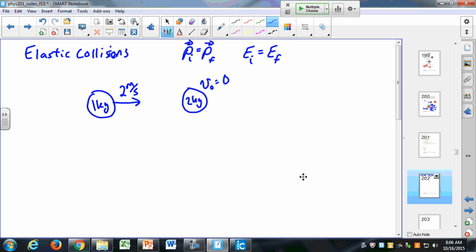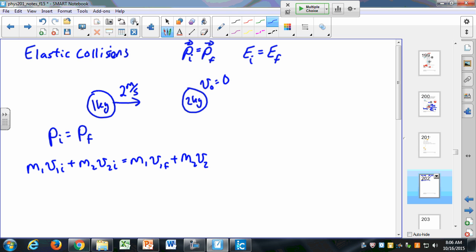All right, so I'm going to have two sets of equations. I can say that the initial momentum is equal to the final momentum, that is, m1 v1 initial plus m2 v2 initial is equal to m1 v1 final plus m2 v2 final.